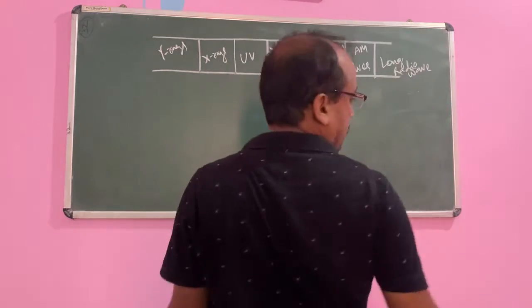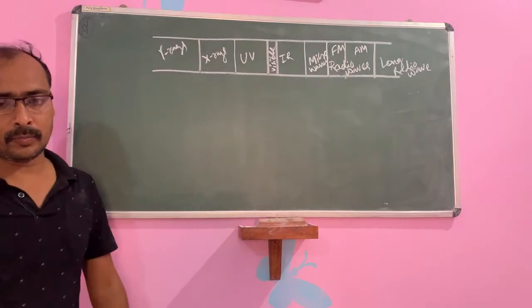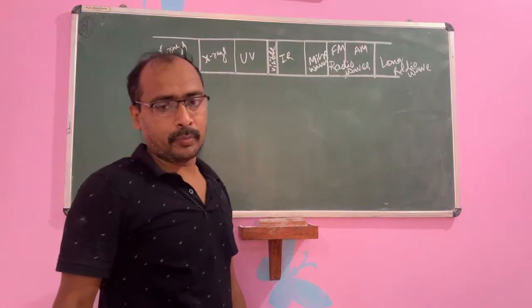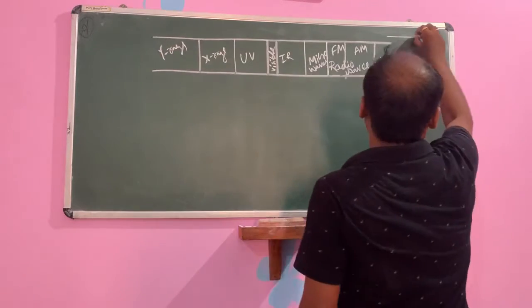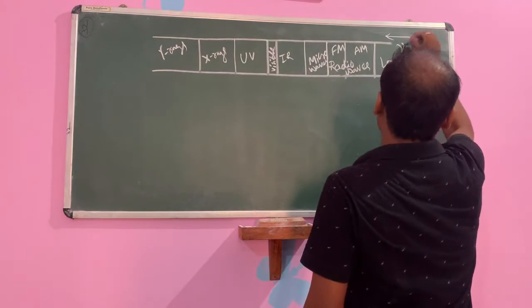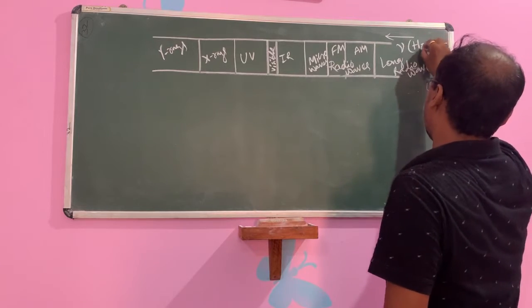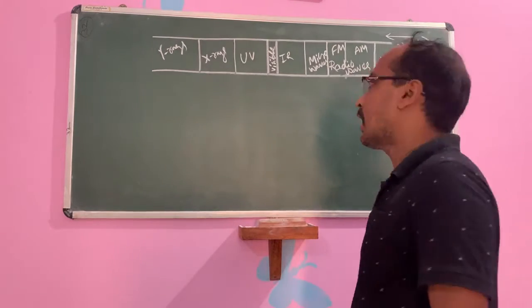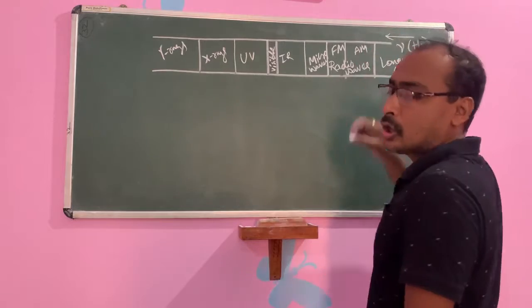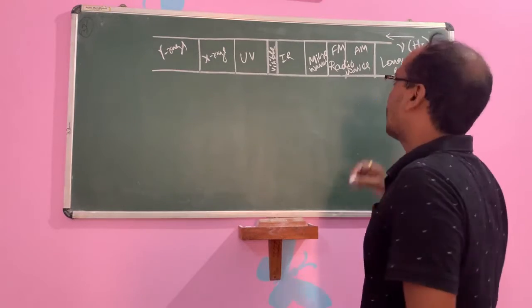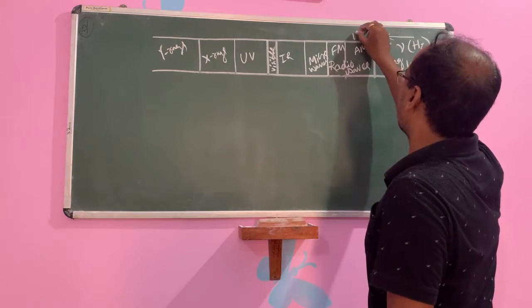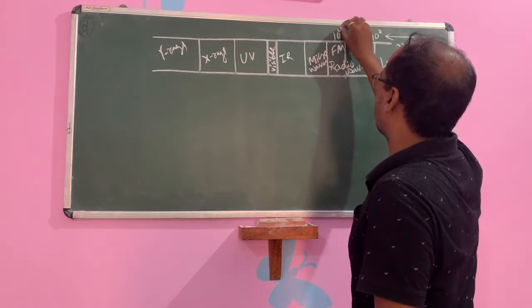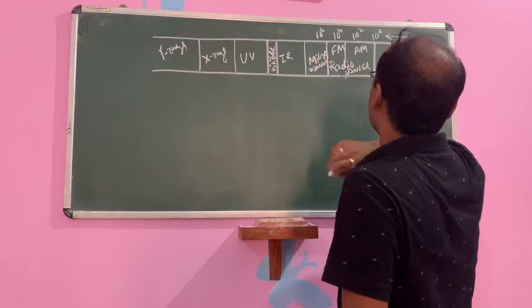So these are arranged in increasing and decreasing order of wavelength and frequency. In this direction frequency increases. Frequency is denoted by nu and the unit is hertz, Hz. Suppose we start from 10 to the power 0, then 10 to the power 2, 10 to the power 4, 10 to the power 6, like this. You see your book.